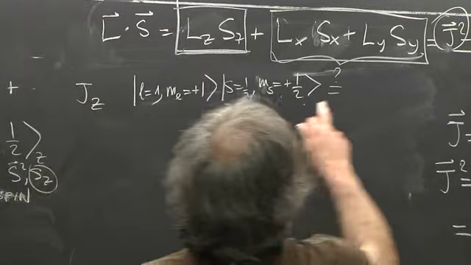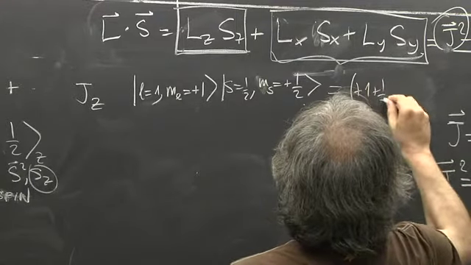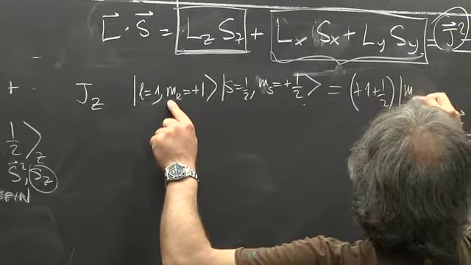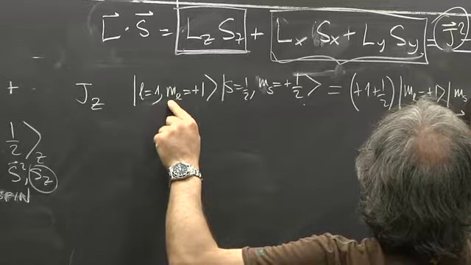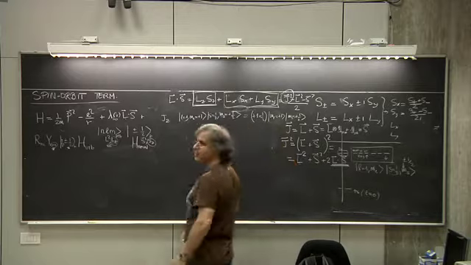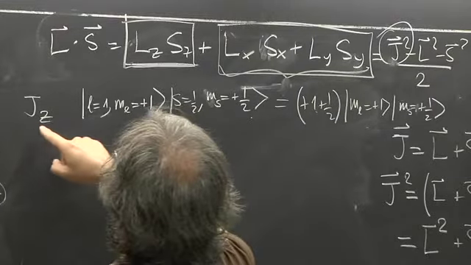So what is JZ here? It's 1 plus 1/2 times the same state. Let me make it shorter: here I have ML equal to plus 1 and MS equal to plus 1/2. Do we agree on this? This is simple. The 1 comes from LZ.